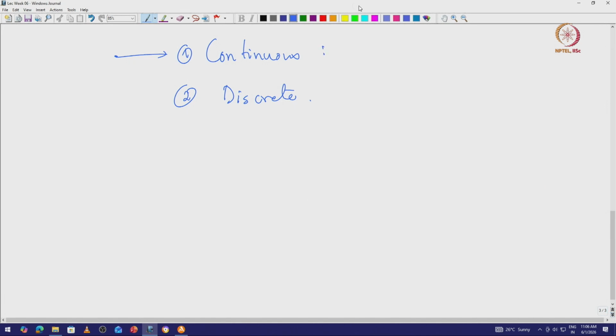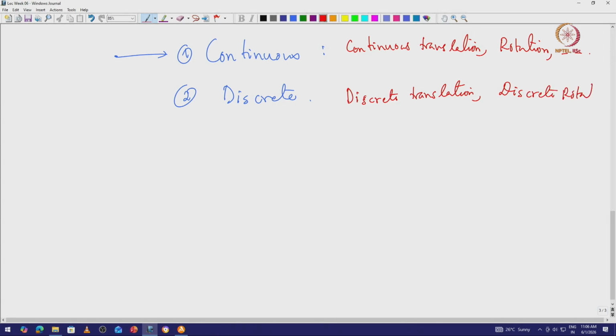So, examples would be continuous translation, rotation, etc. Whereas here it will be discrete translation or periodic translation, discrete rotation, and so on.